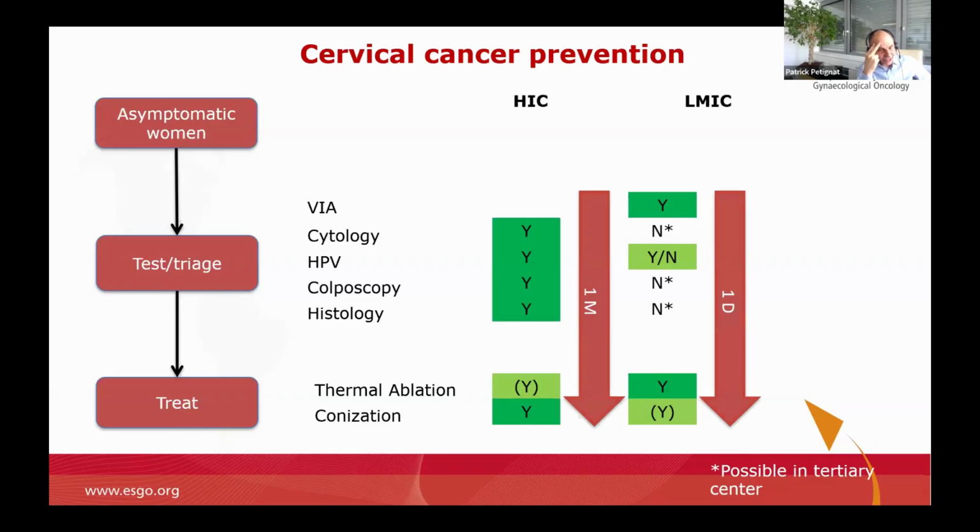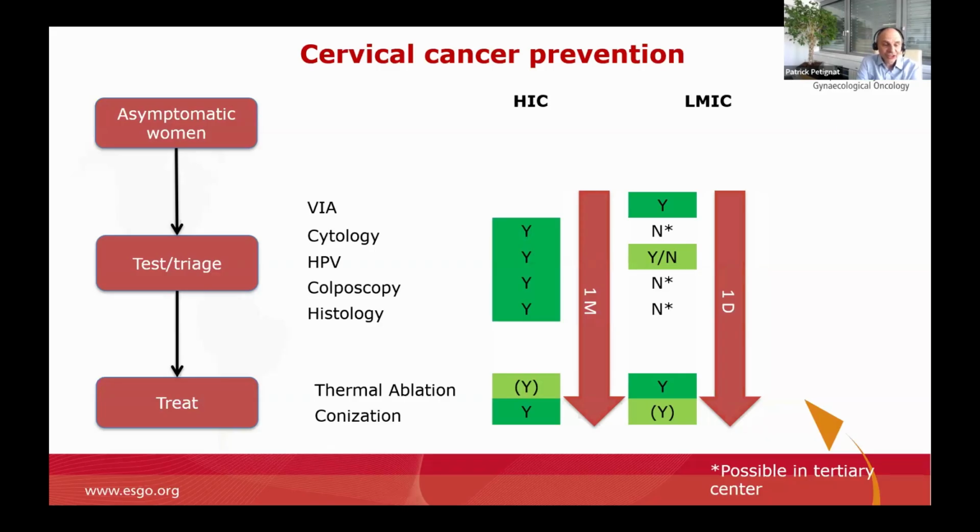But in the LMIC context, you don't have all of this. You have it in some academic centers, but most of the time you don't have cytology, colposcopy, or histology, and you don't have the possibility to get a biopsy result. You have it, but it's difficult.